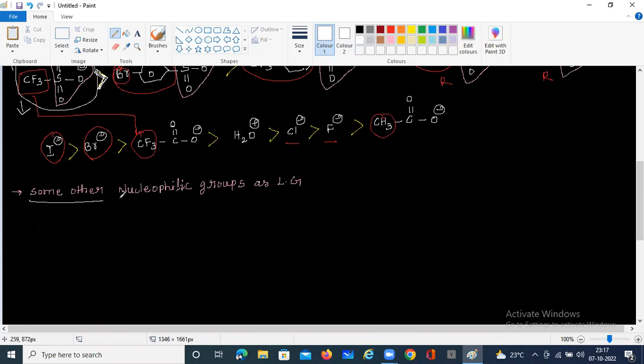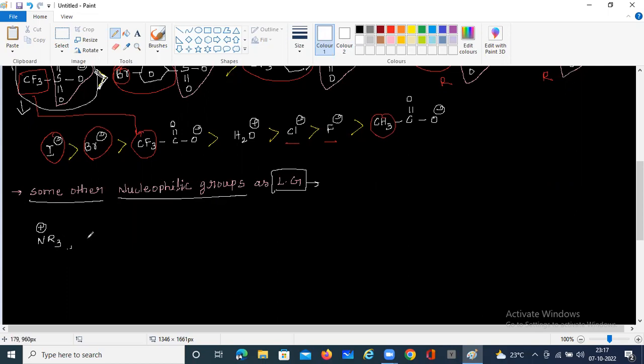Here I'm writing trialkyl amine, simply NR3 plus. This one can also behave as a leaving group, NR3 plus.